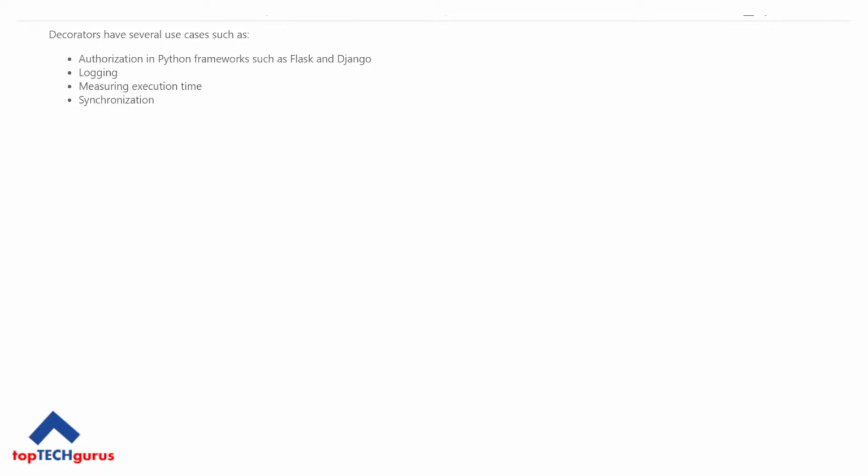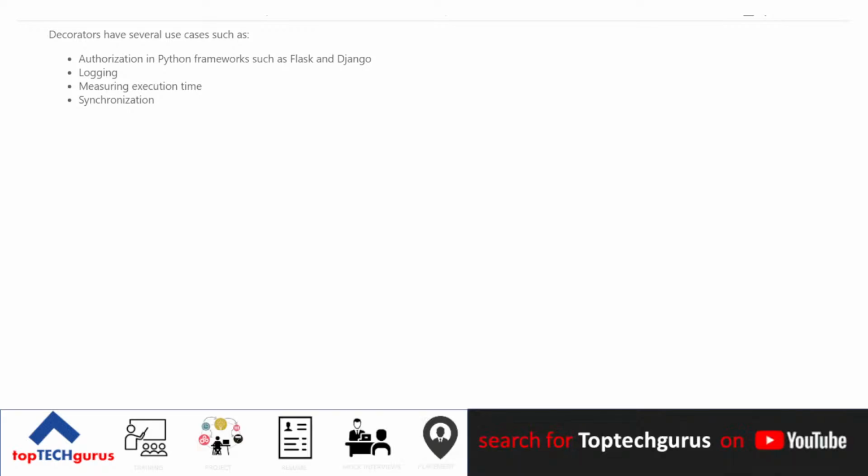We covered generators and decorators today. Decorators are used a lot for logging and execution time measurement. I've never used them for synchronization. I've read that they're used for authorization in Python frameworks such as Flask and Django. I don't use those much, so I'm not an authority who can talk about it.